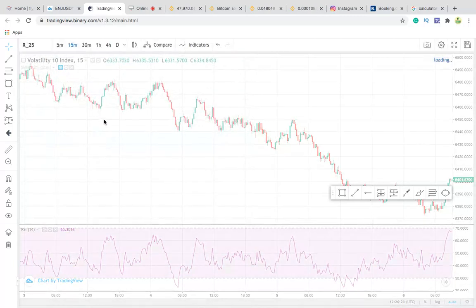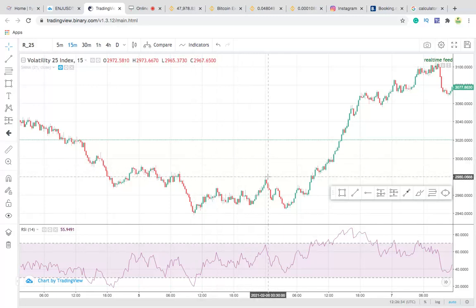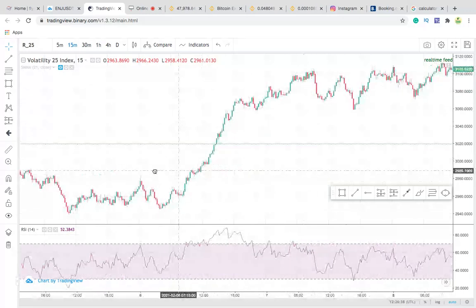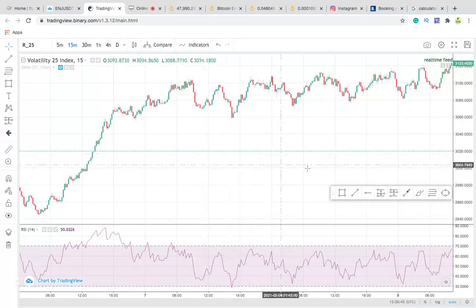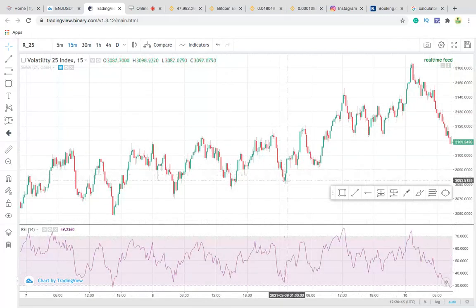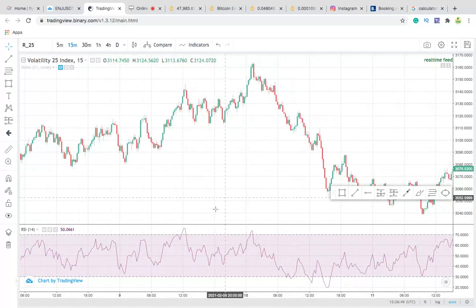Let's check Volatility 25. VIX 25. We'll look out for divergence. Divergence, divergence. That's what we are looking to trade. Here's the divergence at this point.